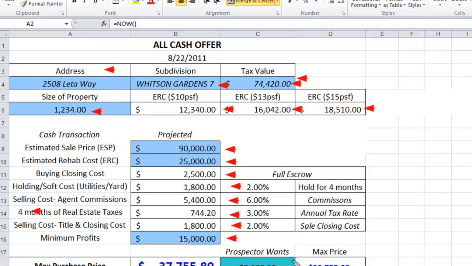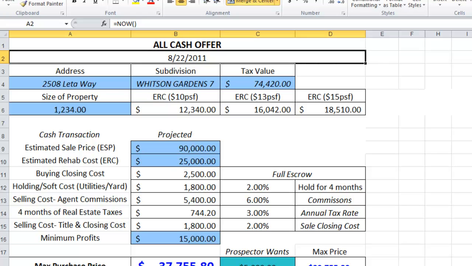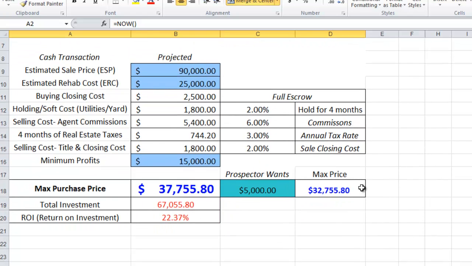Now, the way these are calculated, we'll scroll down. The first field calculated is the max purchase price.